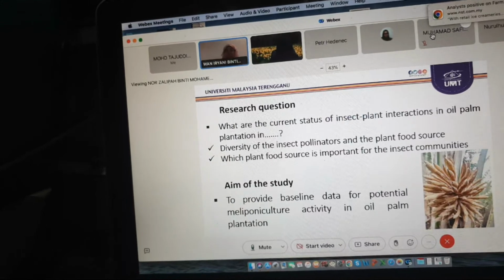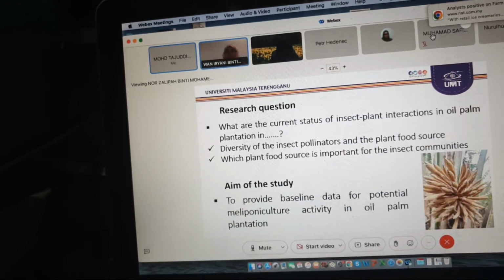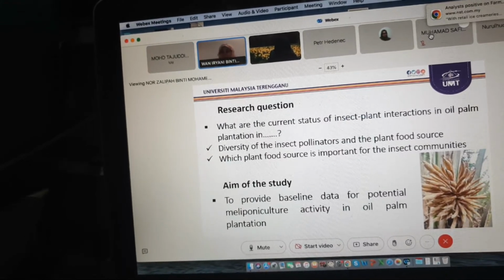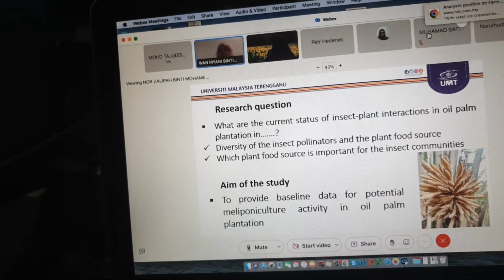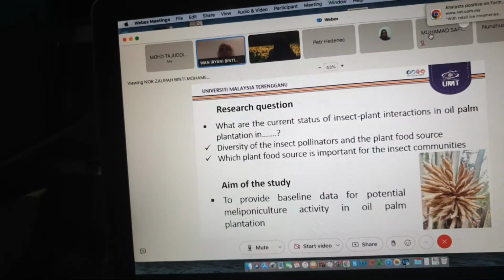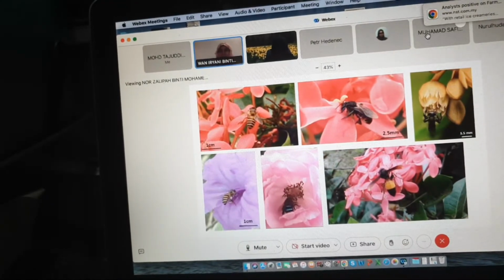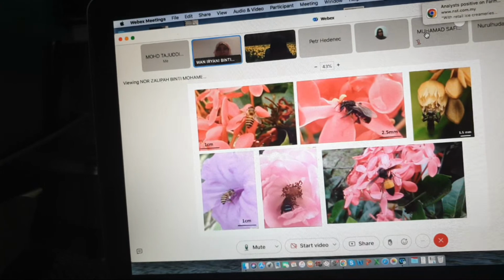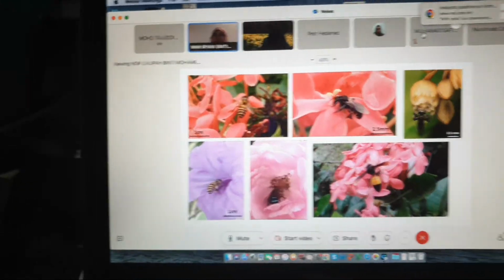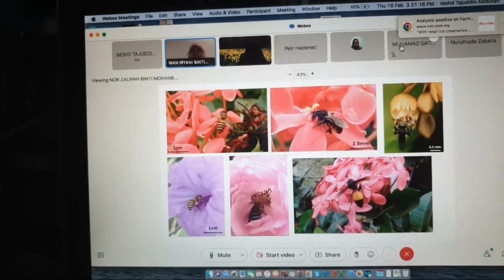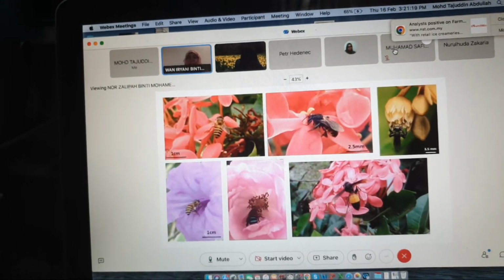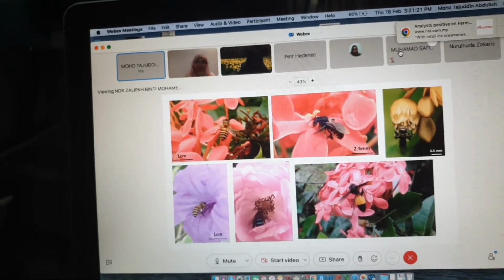Basically betul tu. Yang Mr. Steve komen dan juga macam Dr. Zarifah present, mungkin Dr. Zarifah bagi yang gambar insect tadi kan. So memang that's why we want to see what type of insect as well that's natively available. Yeah, I think your conceptual framework is correct.